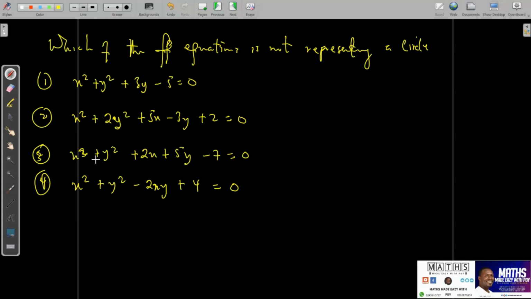And what's the reason? Because they should all have the same exponent. I think they should all be squared. Okay.